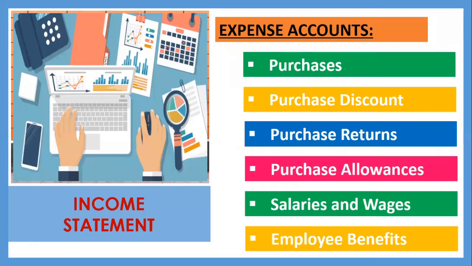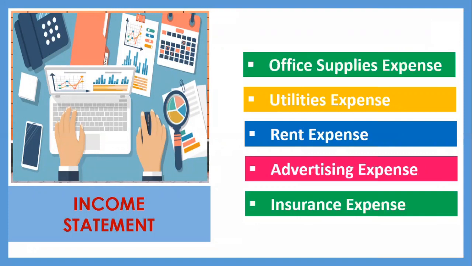Next, we have expense accounts. What are the account titles under expense accounts? Under expense accounts, we have purchases, purchase discounts, purchase returns, purchase allowances, salaries and wages, employee benefits, office supplies expense, utilities expense, rent expense, advertising expense, and insurance expense.